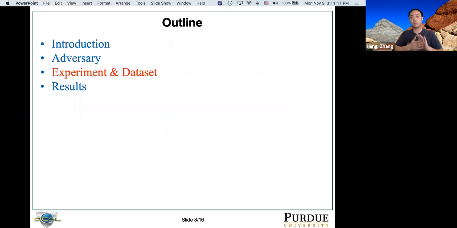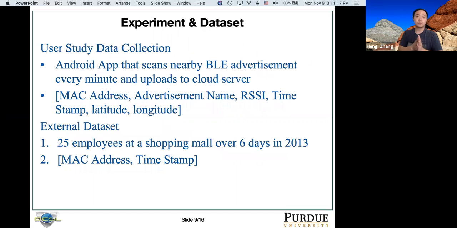So given that, I'm going to talk about how we collect the data set and how our experiment is executed. As I mentioned before, we have 2 types of data set. One is the user study data set, which we already published in our GitHub repo, and you can find the link in our paper. We collected this data set with an Android app, and the app is pretty simple.